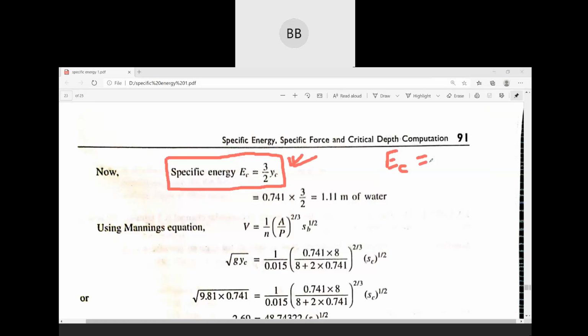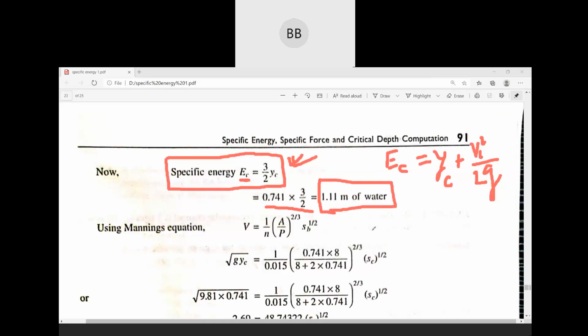EC equal to YC plus V square divided by twice g. Only that Y value you have to consider is the critical depth that you have calculated just now. Or else, to save your time, you can directly use this expression and find out the EC value. So it is 3 by 2 of the critical depth of flow. So you will get the specific energy, 1.11 meter of water.